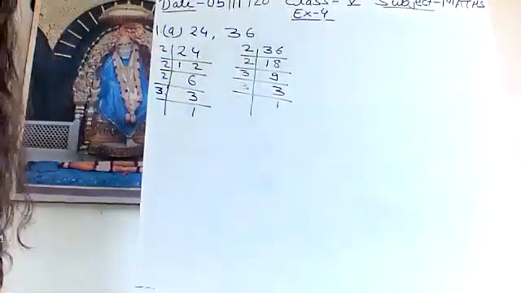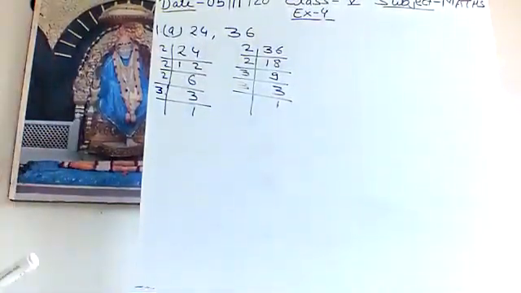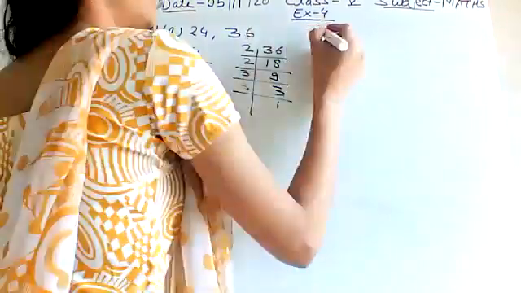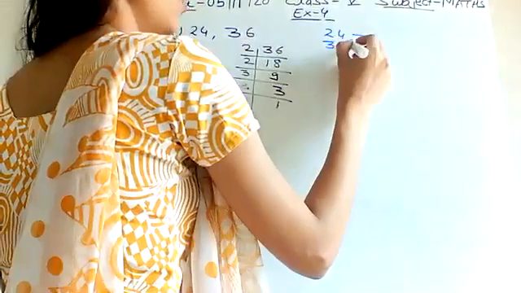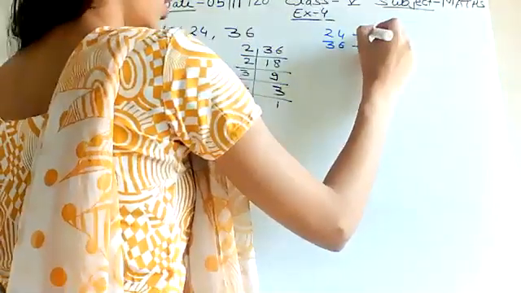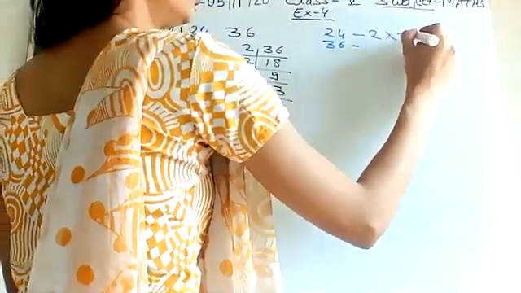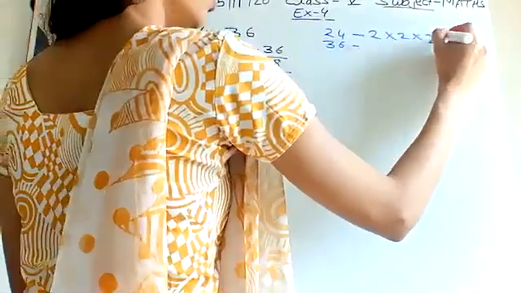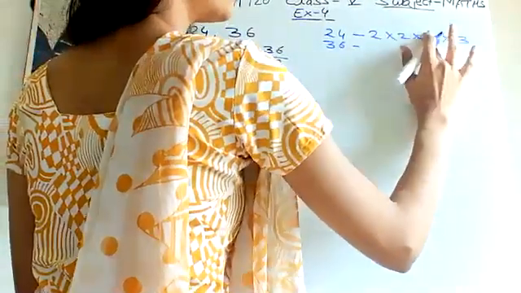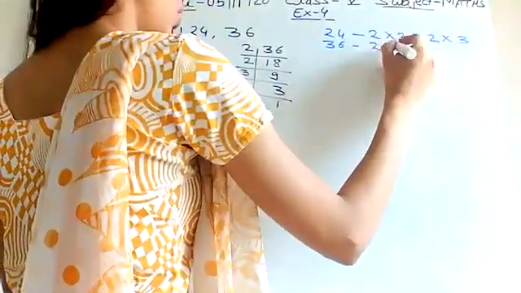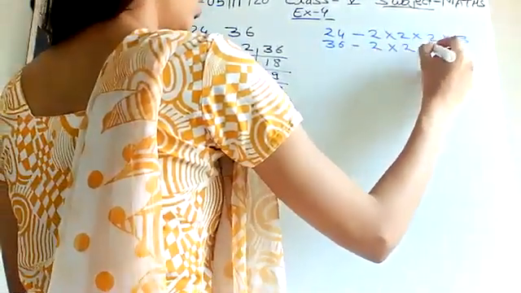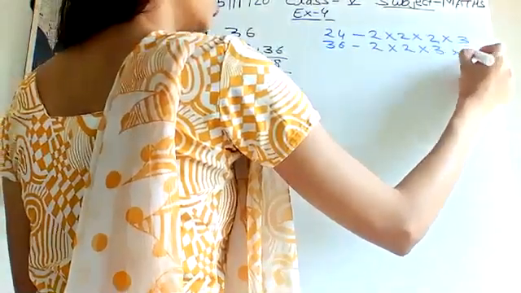Now we have to find the common factors of 24 and 36. 24 और 36 के factors, common factors निकालेंगे. 2 into 2 into 2 into 3. Factors of 36, 2 into 2 into 3 into 3.